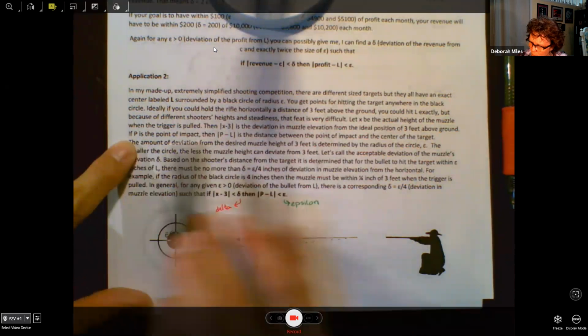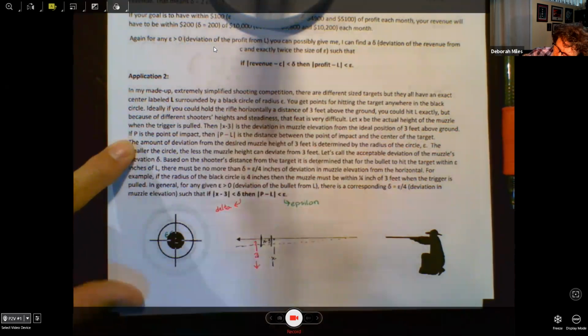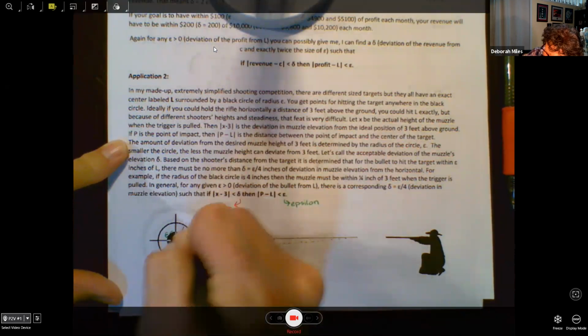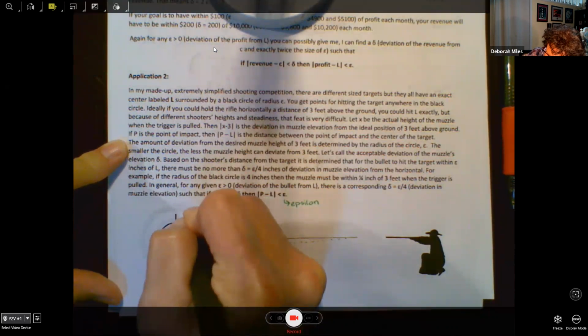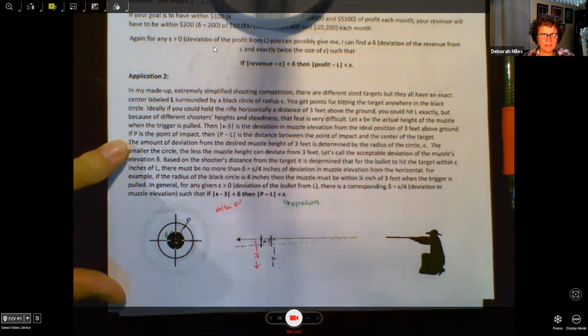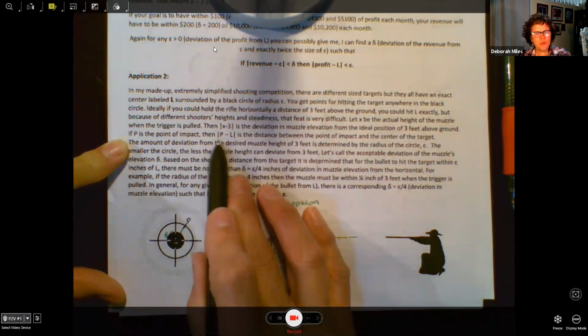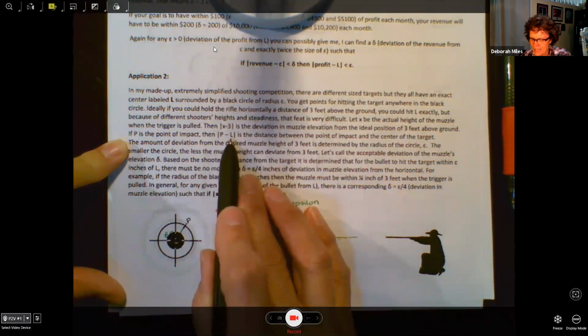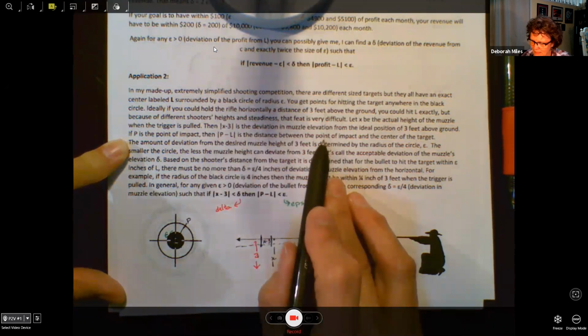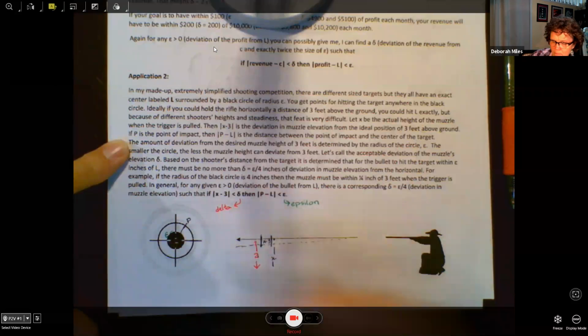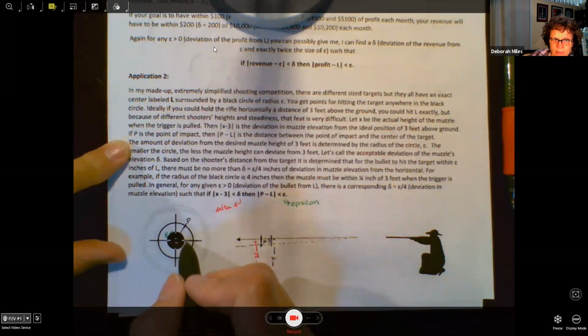All right, that's absolute value of X minus 3. If P is the point of impact, it's really hard to write on this black, but I'm going to say P is the point of impact, then the absolute value of P minus L is the distance between the point of impact and the exact bullseye. Bullet's gonna be off by just a little bit.